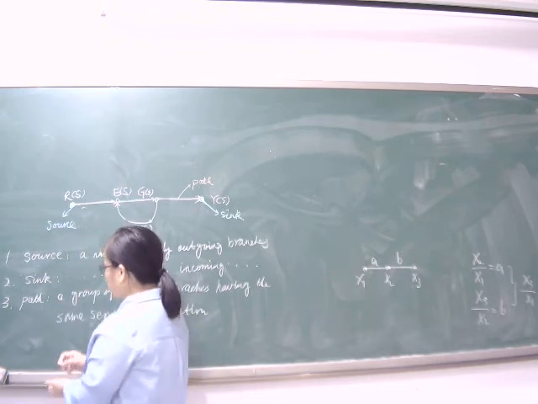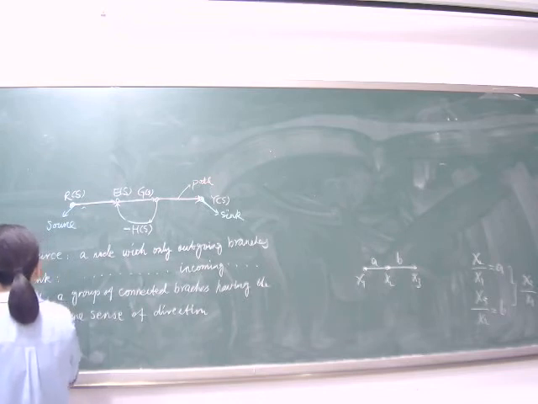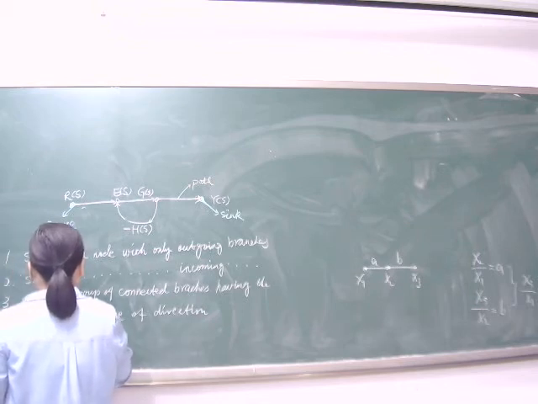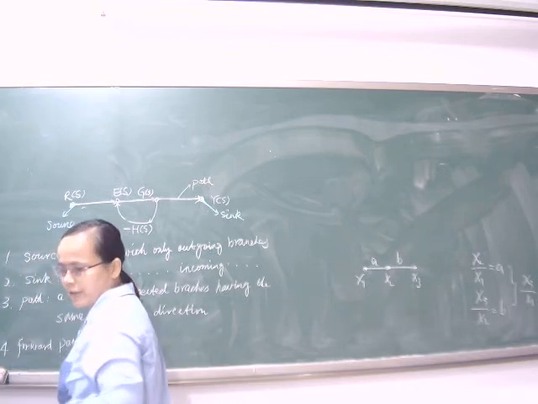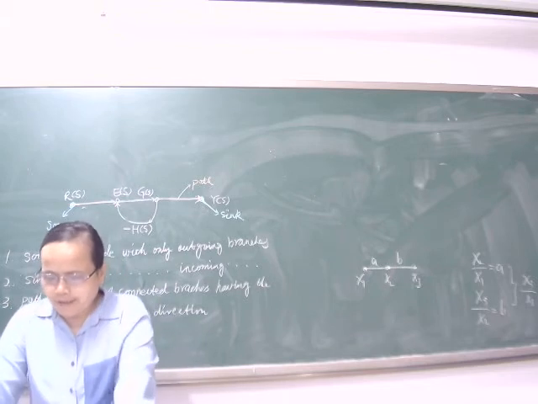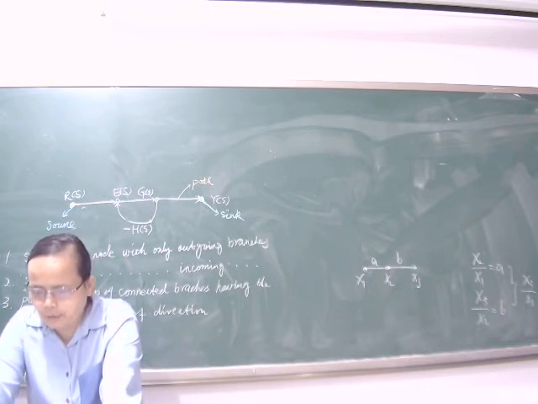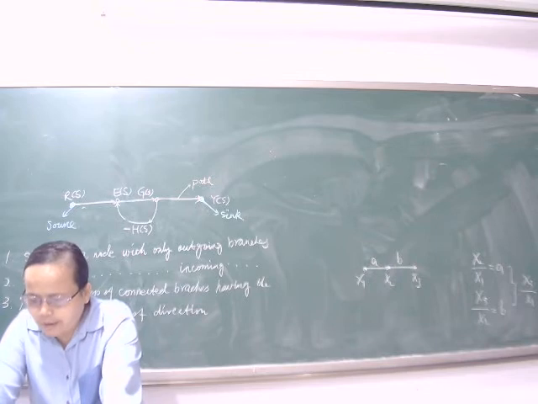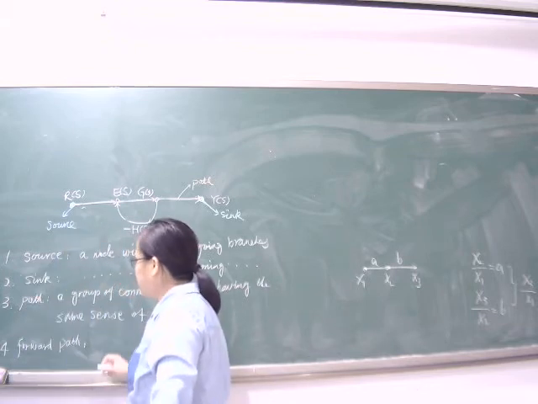The forward path. The forward path is a path that originates from a source, and no node is encountered more than once. So we can say it is here.